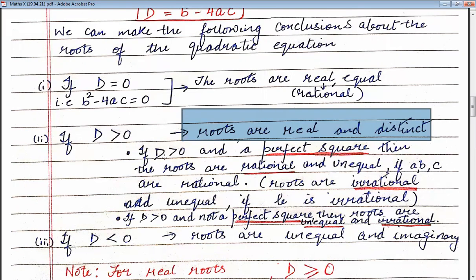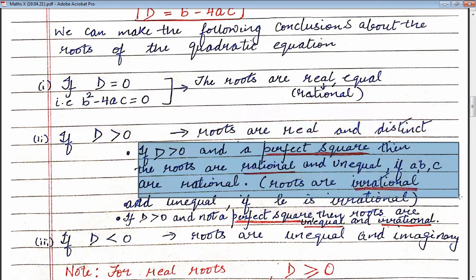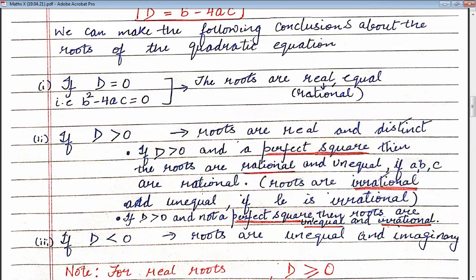If d is greater than 0 and a perfect square, then the roots are rational and unequal if a, b, c are rational.